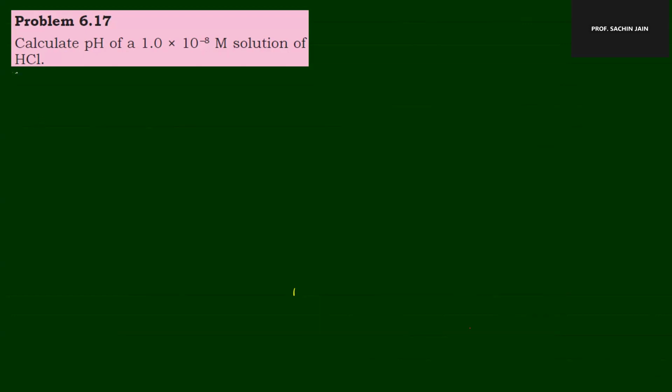Now, HCl is a strong acid. अब अगर आप डायरेक्टली कैलकुलेशन करोगे तो the pH is negative log of H plus. So in this case, you will directly get the answer of pH equal to 8. Is there any problem with this?